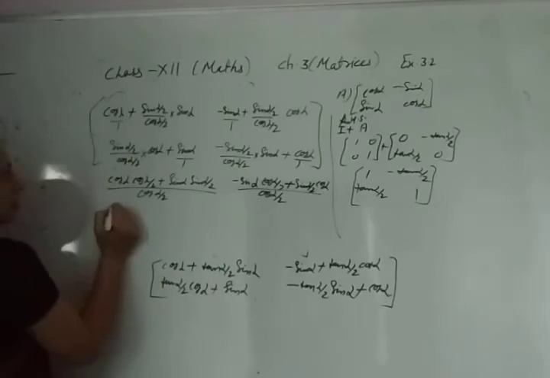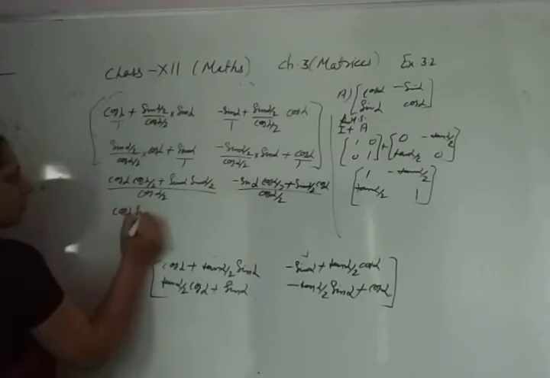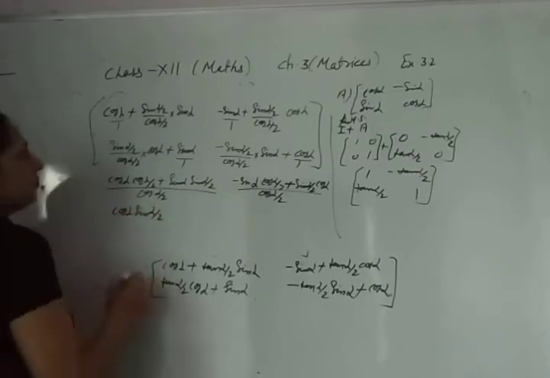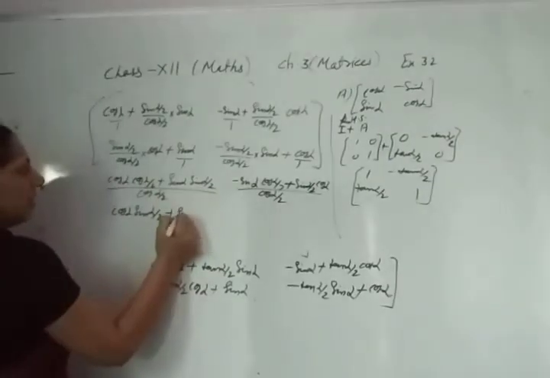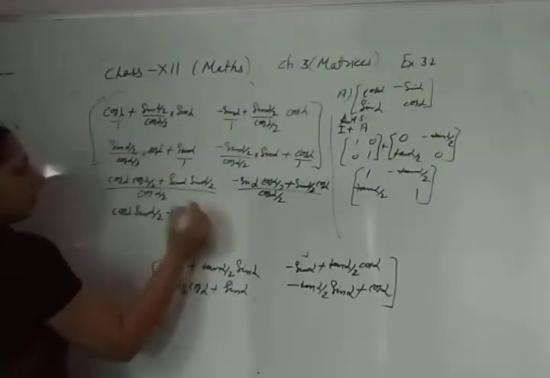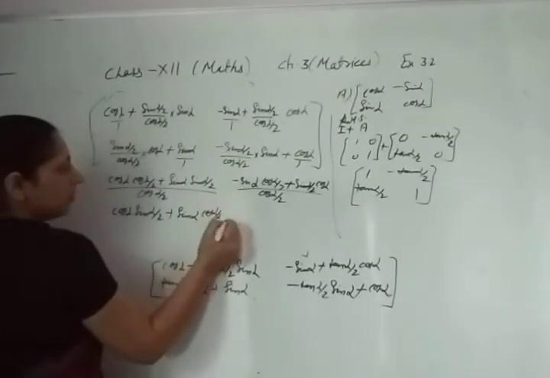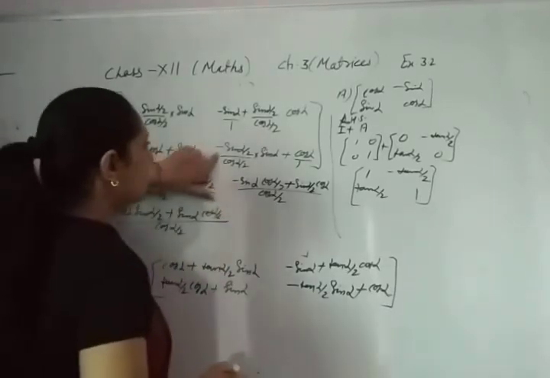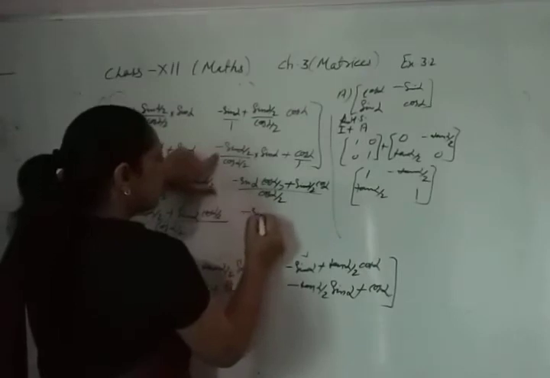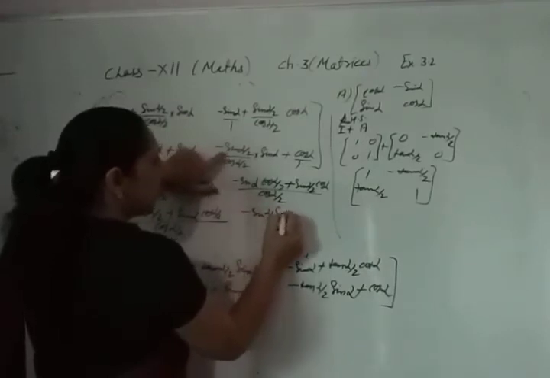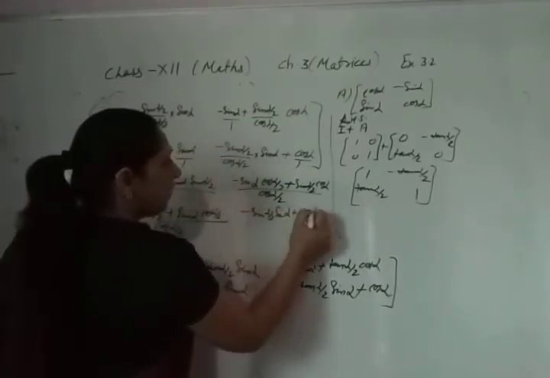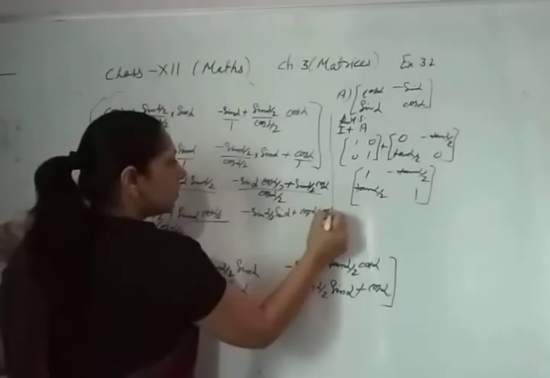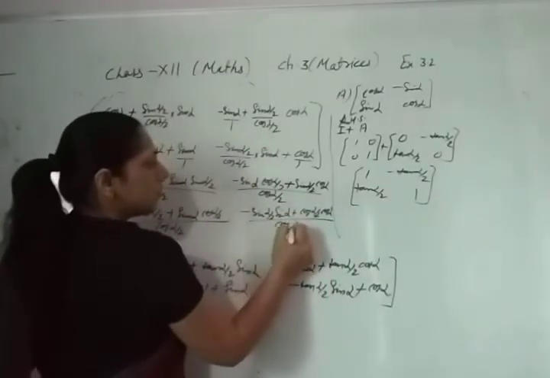Now this one is sin alpha by 2 cos alpha plus sin alpha into cos alpha by 2 upon cos alpha by 2. Now the last one is minus sin alpha by 2 sin alpha plus cos alpha by 2 into cos alpha upon cos alpha by 2.